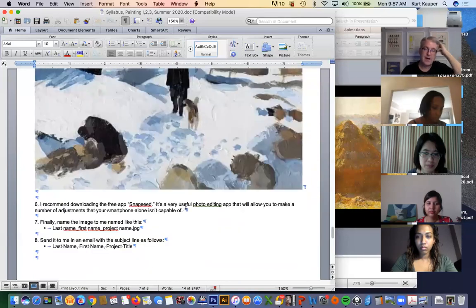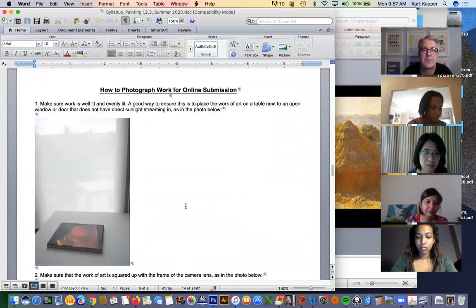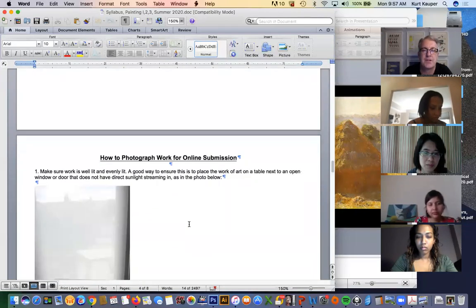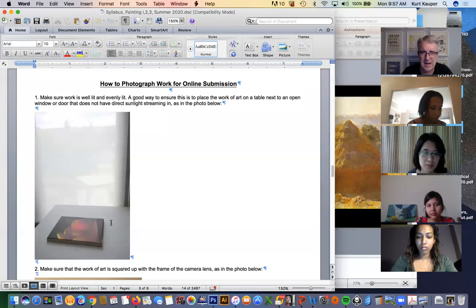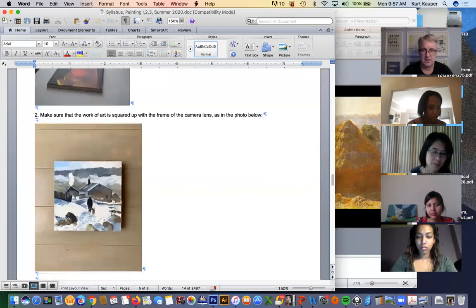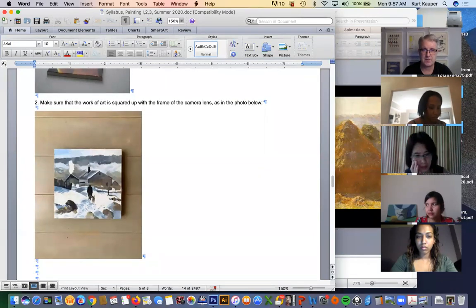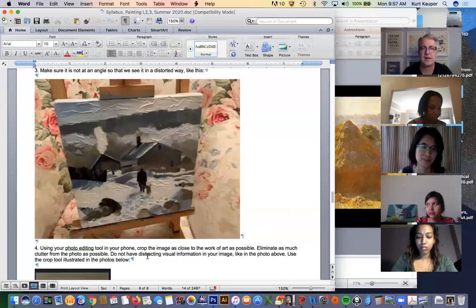These instructions are included in the updated syllabus that'll be on Blackboard. I'll also include these as a separate PDF document. I really don't think it would take long to figure out how to make your photograph presentable this way.